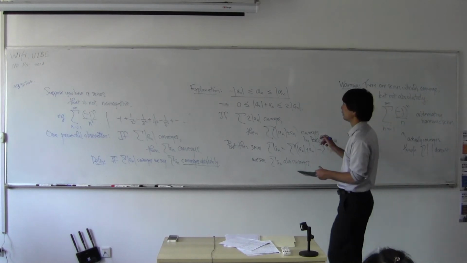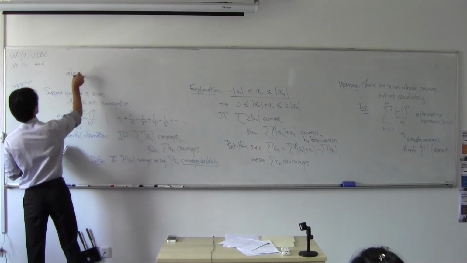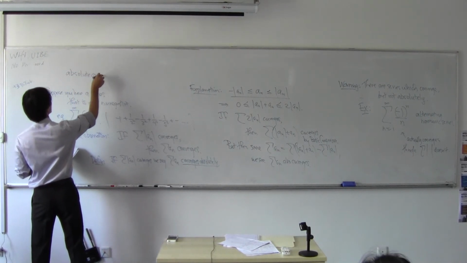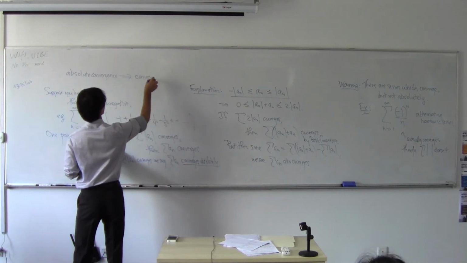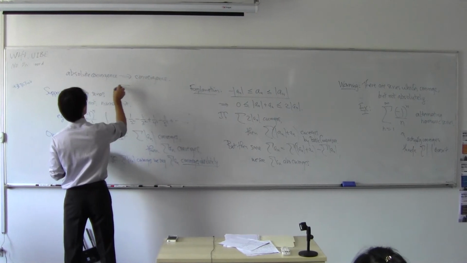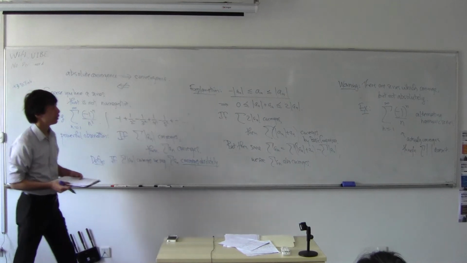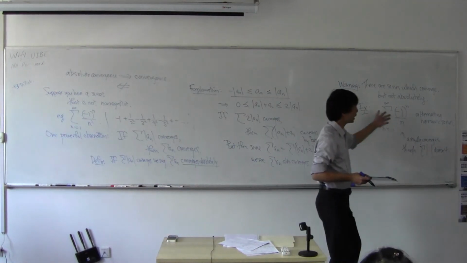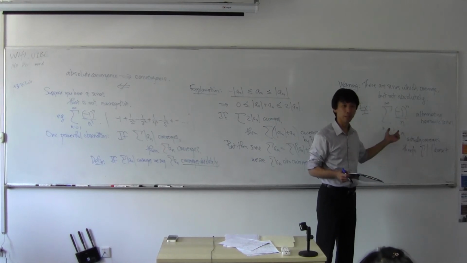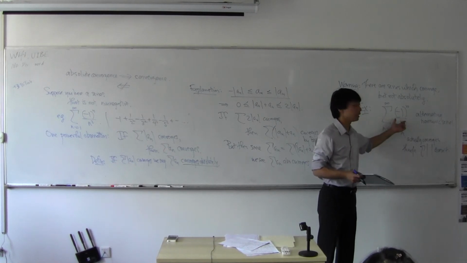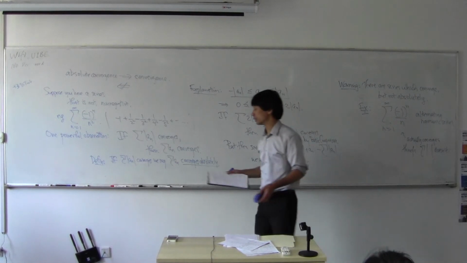So absolute convergence implies convergence, but convergence doesn't imply absolute convergence. This thing converges, but it doesn't converge absolutely. Just because the absolute values don't converge doesn't mean that the series doesn't converge. It could still converge.